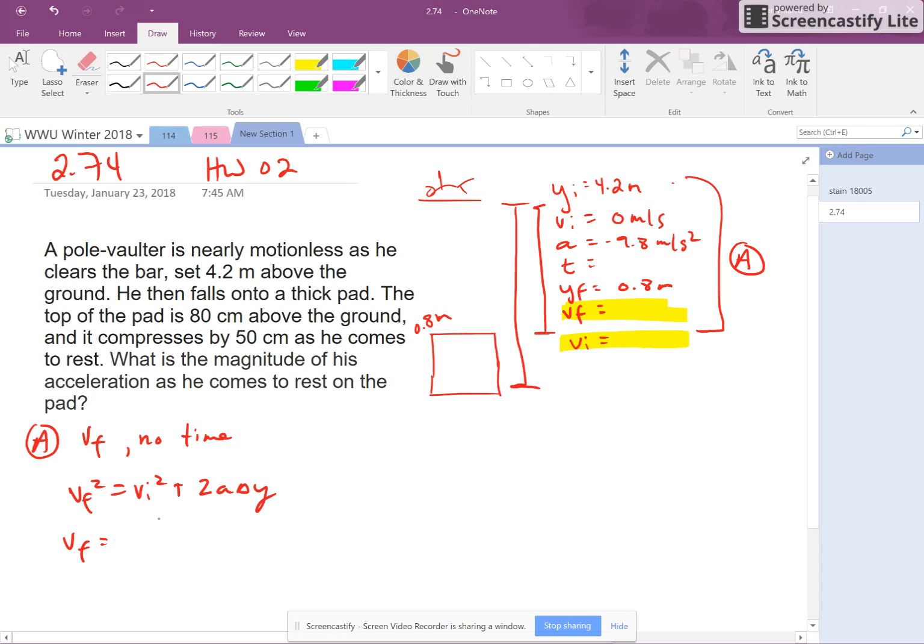The final velocity will equal the square root of the initial velocity squared, which is 0, plus 2 times negative 9.8 meters per second squared, times delta y, which is a final position of 0.8 meters minus the initial of 4.2 meters. I'm going to get out my calculator, so give me a second.